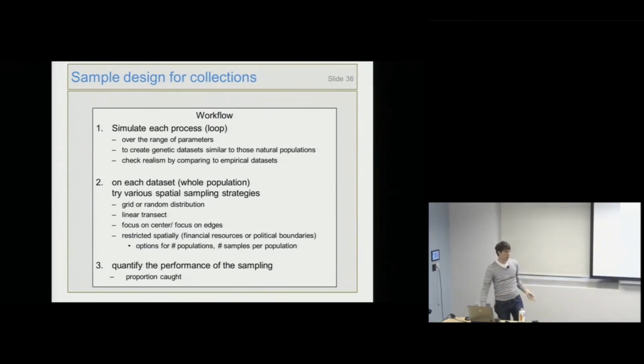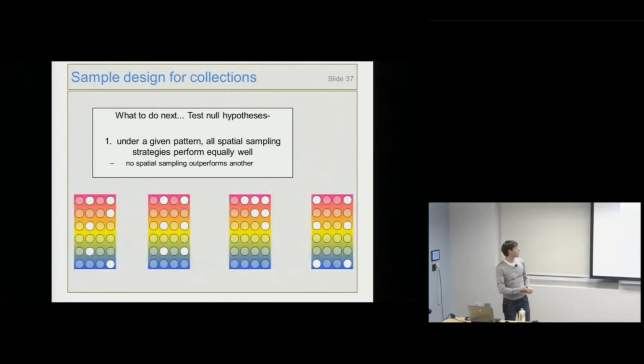So what do we do with that? Well, I think there's a number of scientific questions of interest, as well as a number of practical questions of interest. A simple null hypothesis would be that under a given genetic pattern or process, so this is a clinal variation in allele frequencies, each of these sampling strategies, random, grid, corner, or edge, perform equally well.